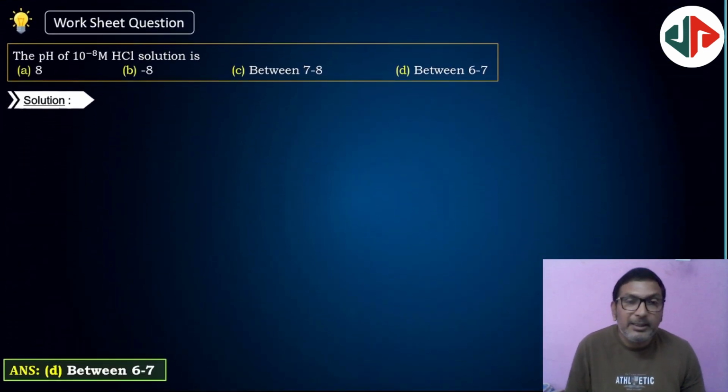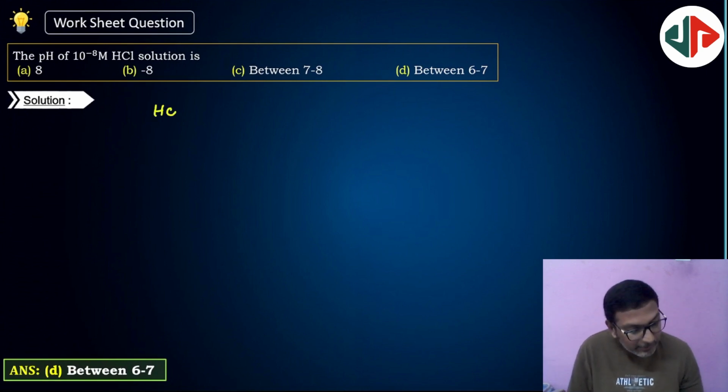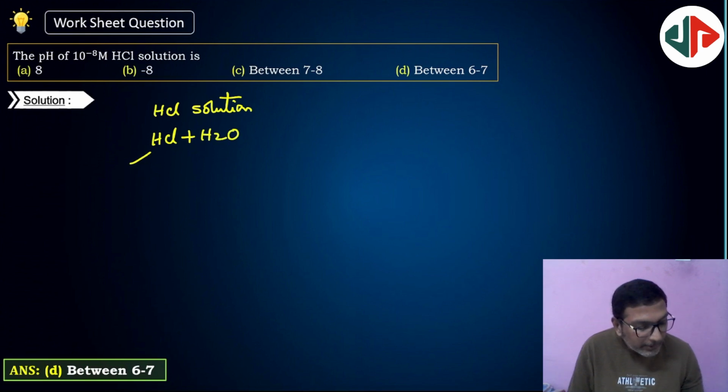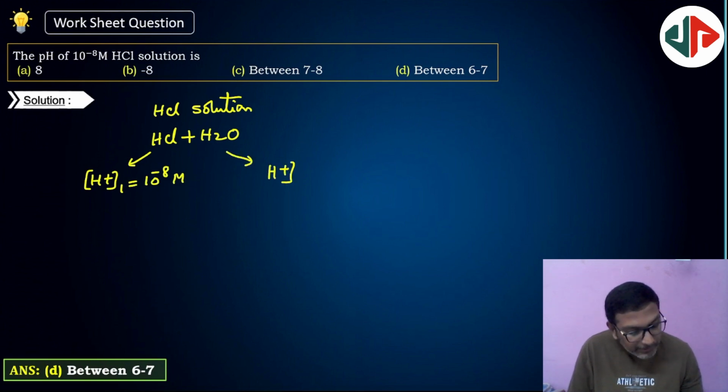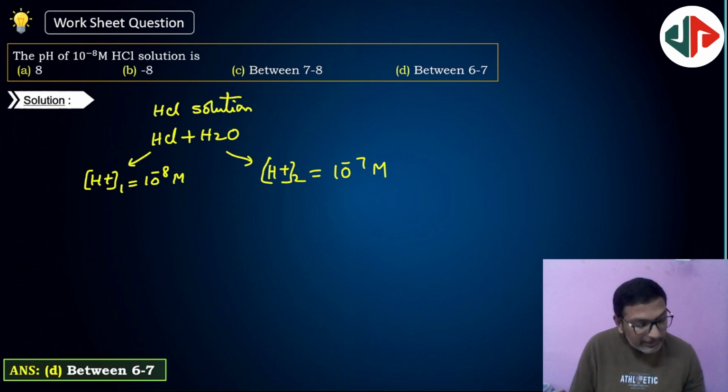Next. The pH of 10 power minus 8 molar HCl solution is. Here HCl solution is given, that is HCl plus water. In HCl, H plus concentration equals 10 power minus 8 molar, that is given. Here water gives H plus 10 power minus 7, a standard value. So 10 power minus 8 is lower than 10 power minus 7.